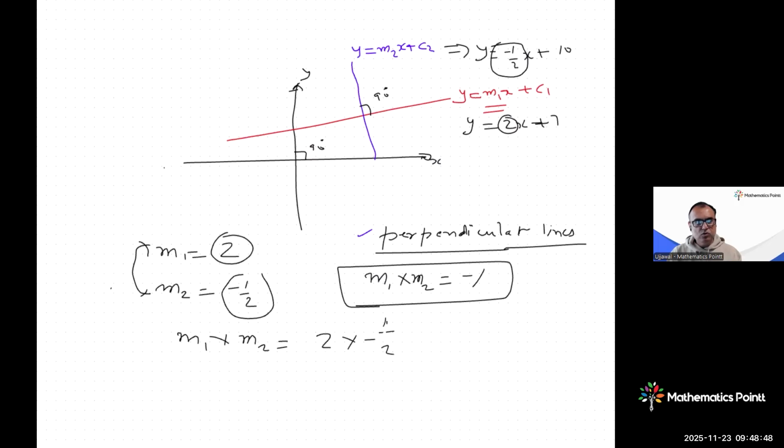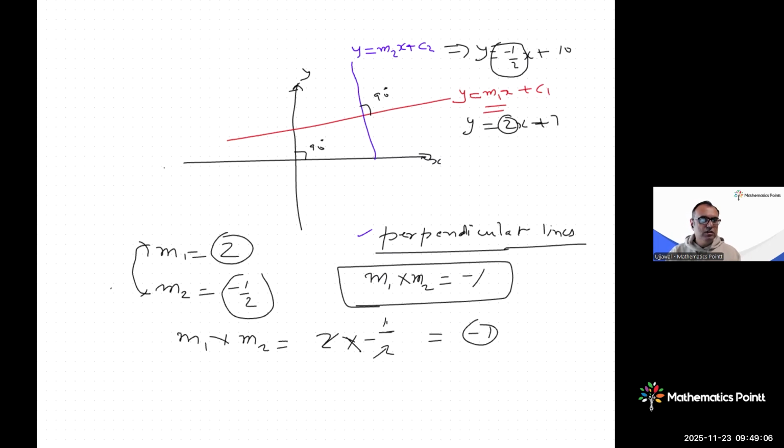The 2 cancels. The answer is -1. So when the answer is -1, that proves that the two lines are perpendicular.